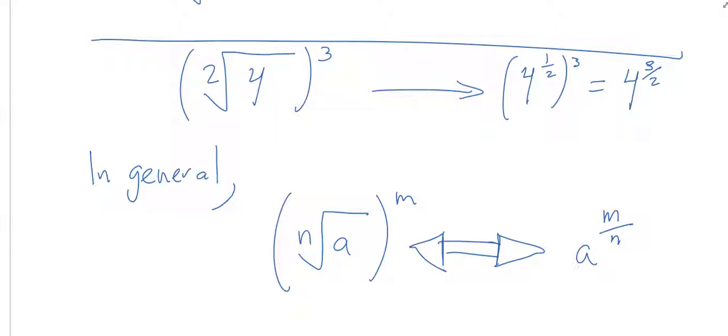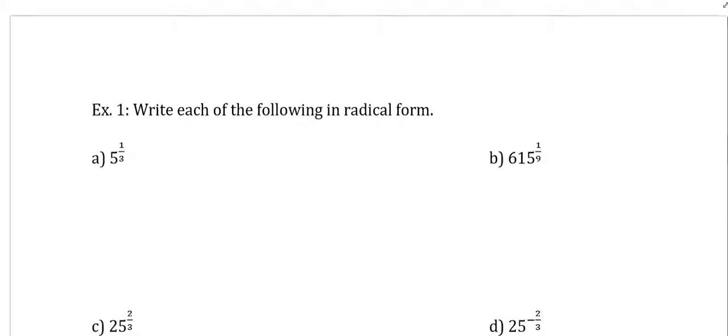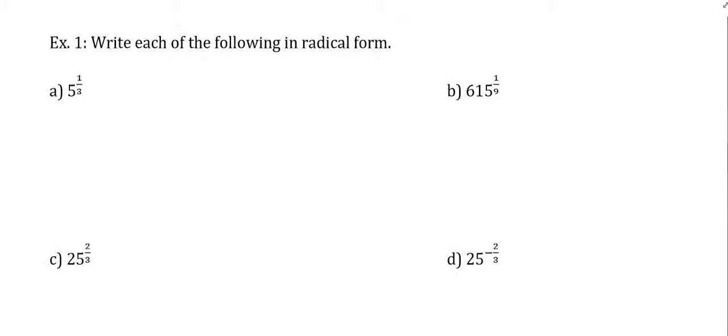All right, let's try a few examples here. We're not evaluating these. These would give you nasty decimal answers, a lot of them. Woo. You just got it back, now you're going to break it. Oh, no. So we're just writing these in the other form.